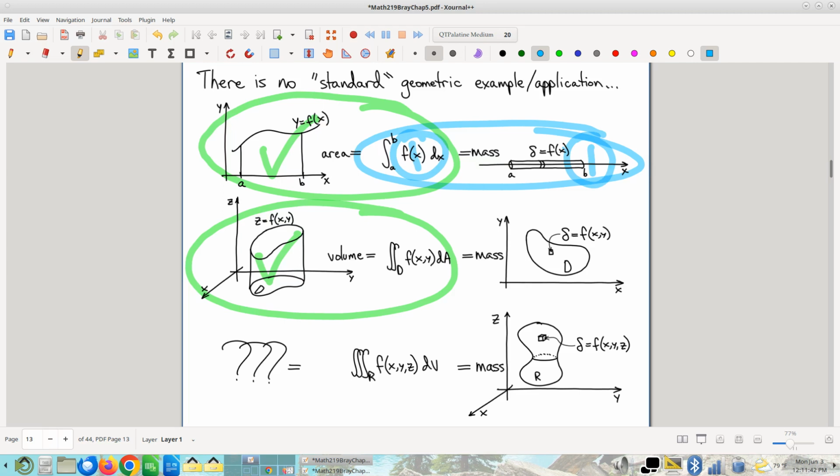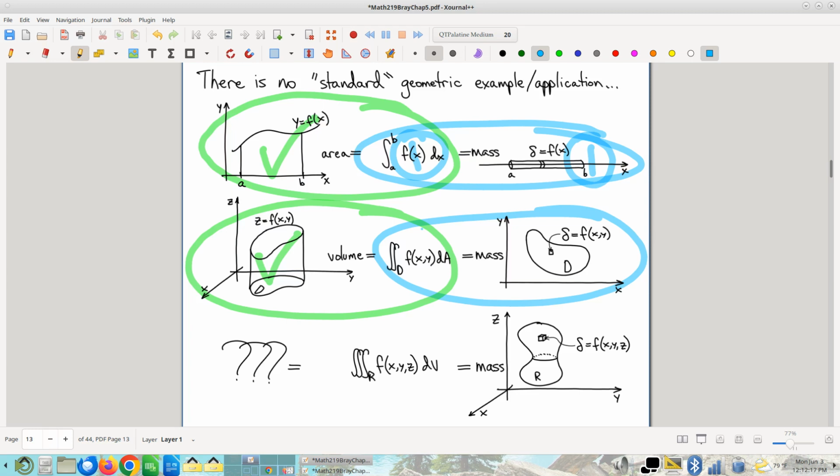I like to think not area, but mass, because if nothing else, this blue single-dimensional point of view on a single variable integral pushes the idea that we're adding up little pieces of stuff. It's more generalizable. So I like this point of view, and likewise, I like this two-dimensional point of view on double integrals. They're both equally valid, so fine.